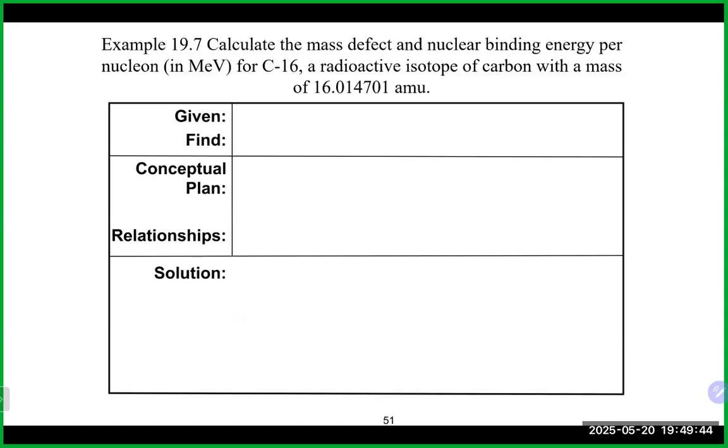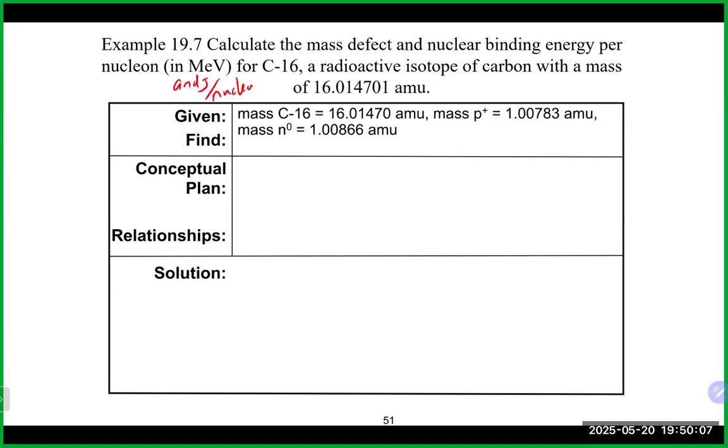So why don't you try this one here, and there's some numbers you could use. Calculate the mass defect and the nuclear binding energy per nucleon in mega electron volts. Well, we do both, and joules. Why not? Joules per nucleon.